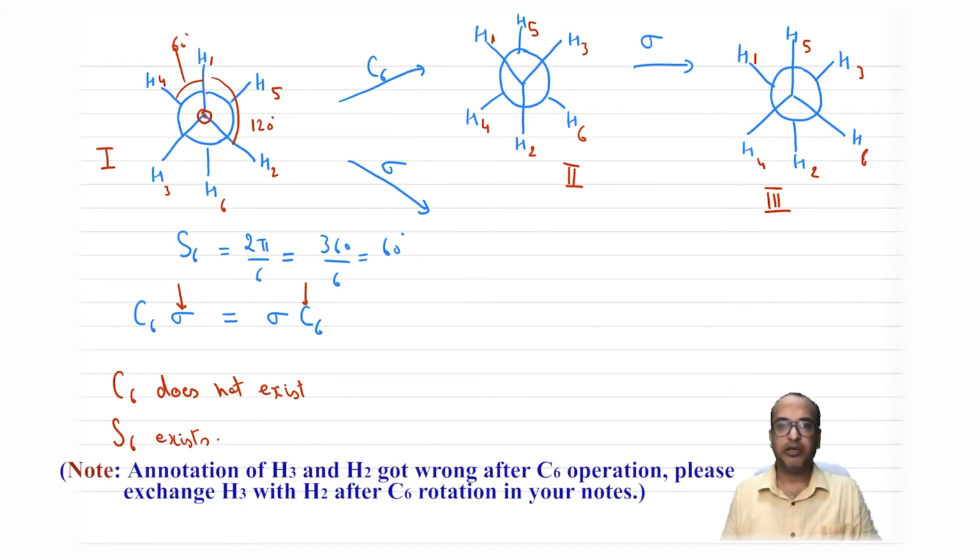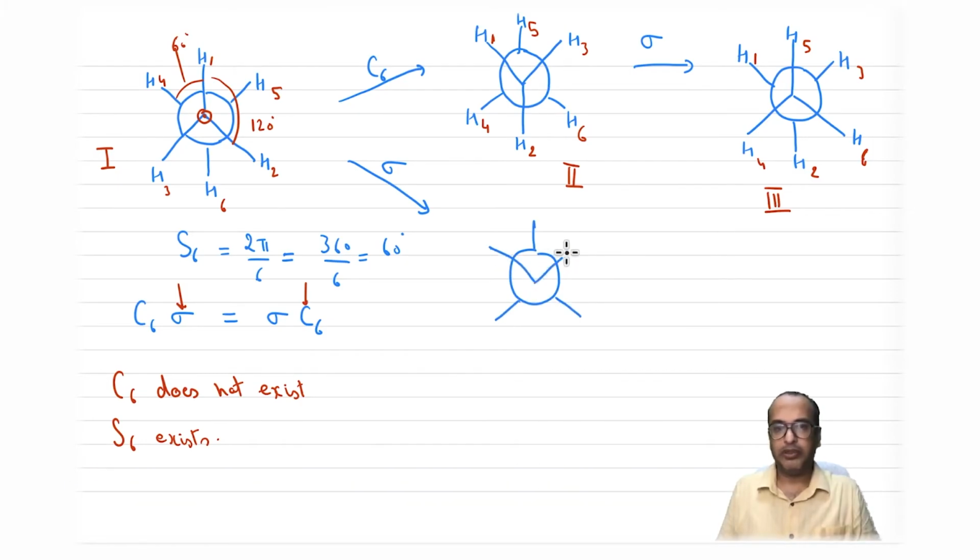Okay, let's do sigma first now. So if we do sigma first now, again this inverted y goes back, so the front carbon goes to the back and the back carbon comes to the front. So that means it will be something like this, and this is the back carbon which is now in the front. Write down all of these hydrogens explicitly, and then the numberings remain 1, 2, 3.